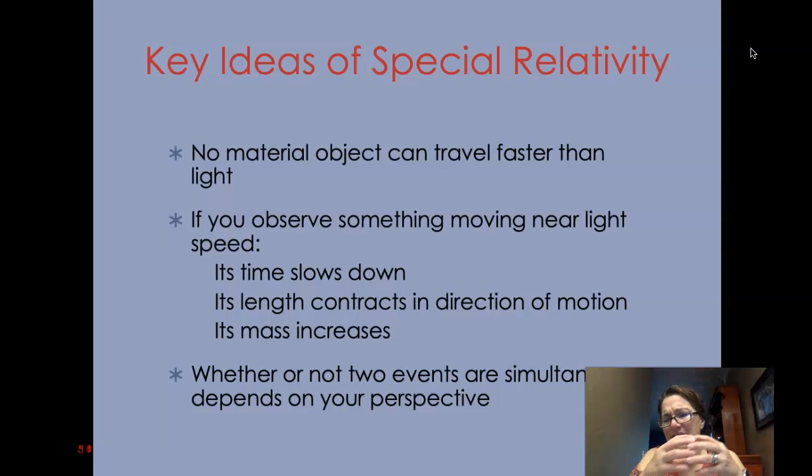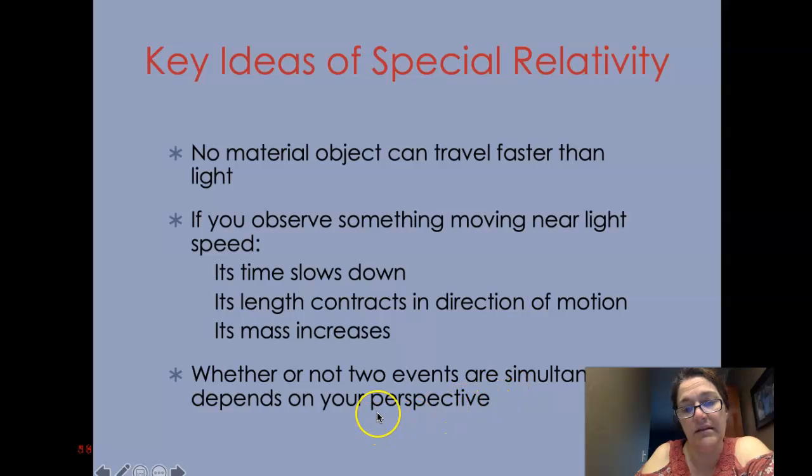I mean, this makes sense. You take a marshmallow and you move it really fast and it's going to smoosh. So compared to the speed of light, we are all smooshy. And the mass increases. And then we always have to remember that whether or not two events are simultaneous depends on perspective. Everything in space-time and gravitation, we must remember perspective.